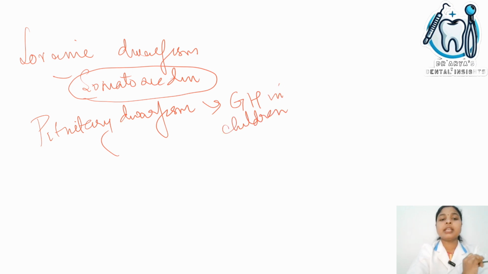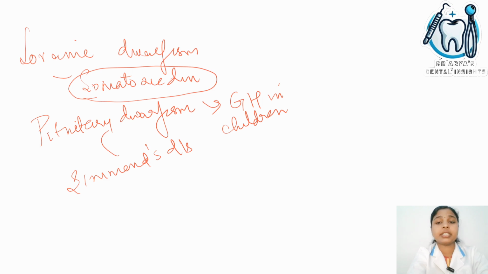Okay. Then coming to Simon's disease, it is due to the hyposecretion of all the anterior pituitary hormones.